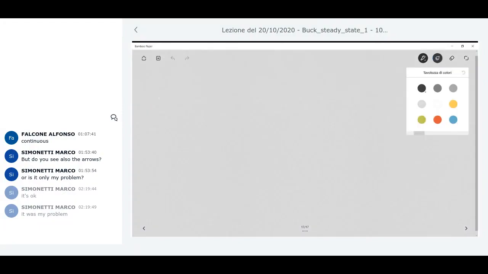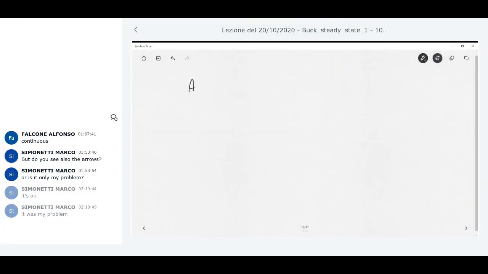The area A plus can be derived as a single rectangle area, which has a height of Vin minus V naught, multiplied by what? Let me redraw just for convenience.